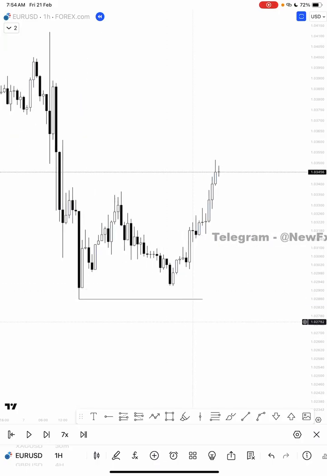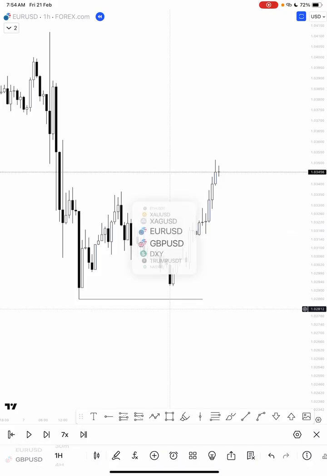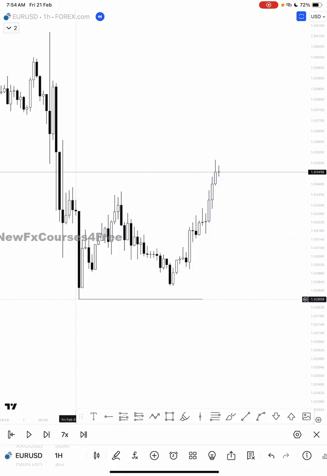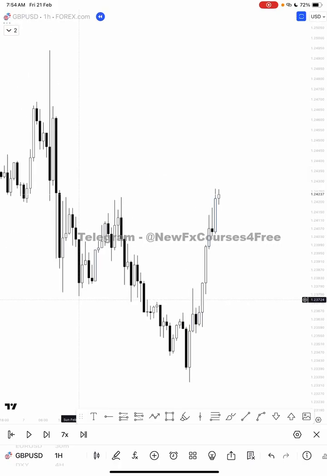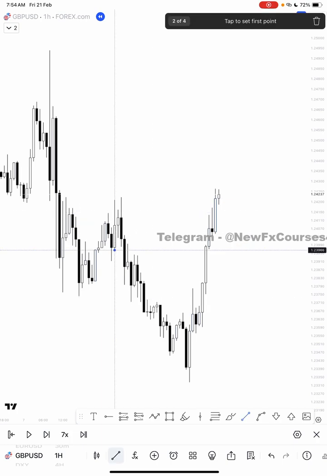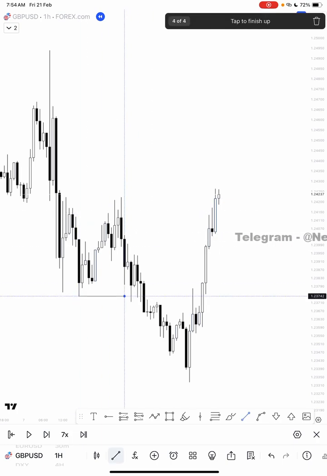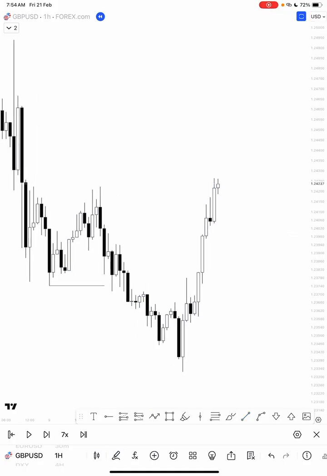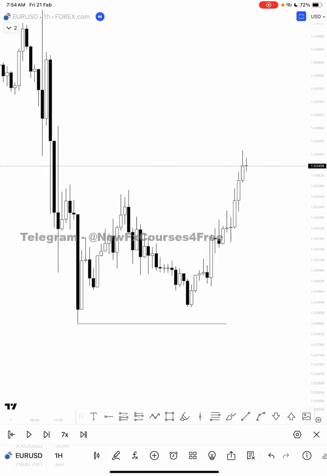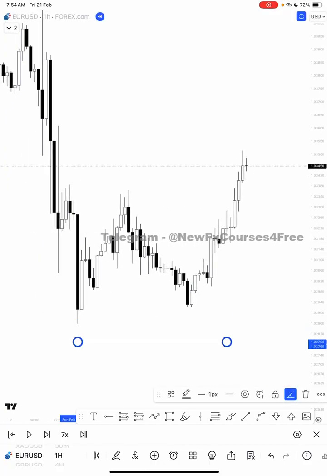EUR/USD did not actually sweep this low over here, but this same low, GBP/USD swept this same low. So that actually confirms that EUR/USD is more bullish than GBP/USD.